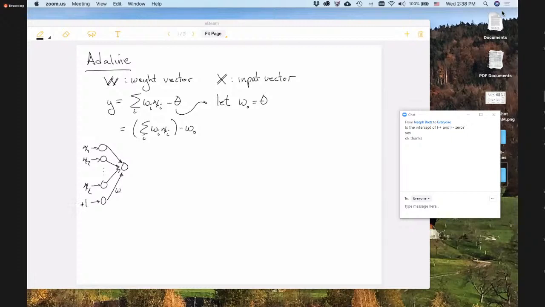But we're going to clamp the input for that particular node to 1. And then after we're done training these weights, W0 will be the threshold.